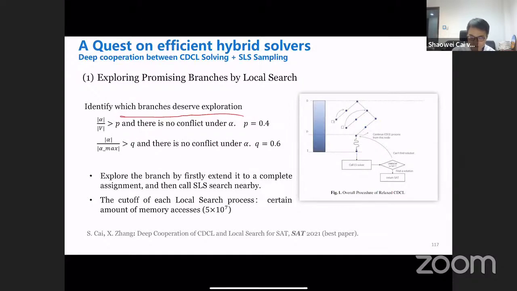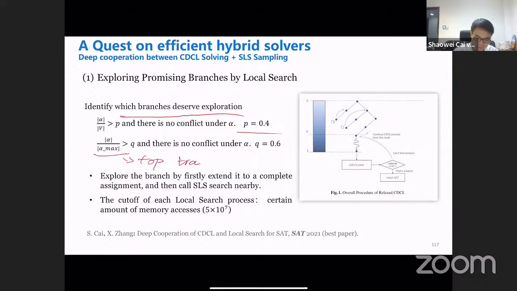Our idea is that if a branch goes to a depth sufficiently large, for example, about half of the variables have been assigned, and the branch does not meet a conflict, this is a promising branch, a good branch. Or the branch is going to a depth that alpha max is the top trail.